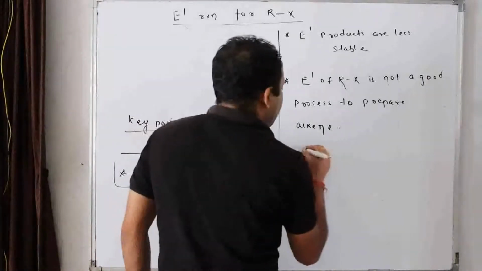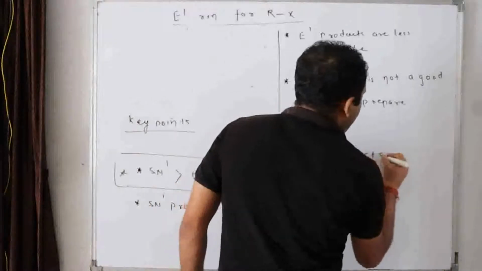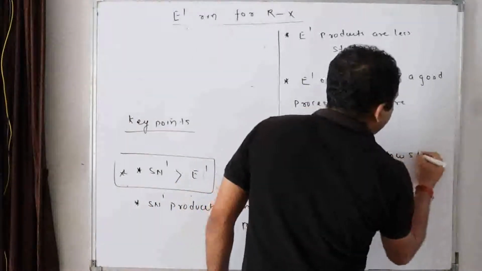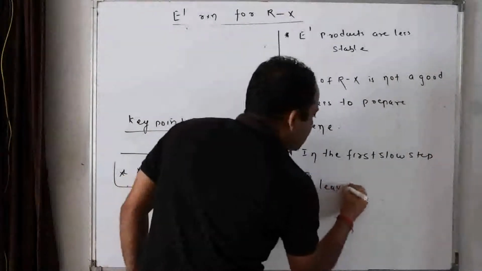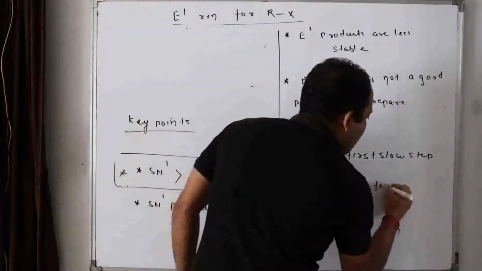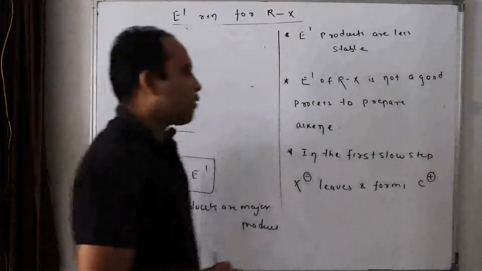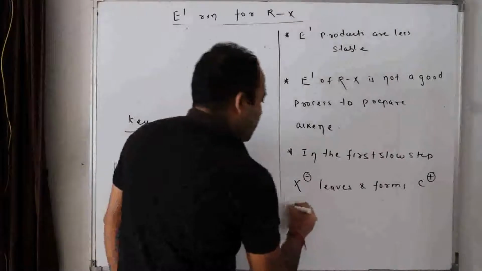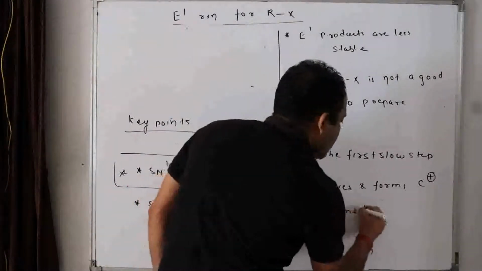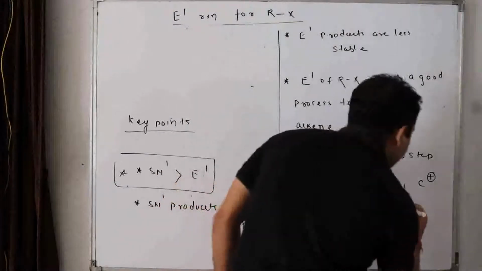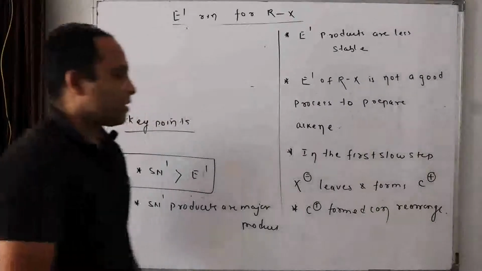In the first slow step, X minus leaves and forms carbocation. Now, the carbocation formed can rearrange.